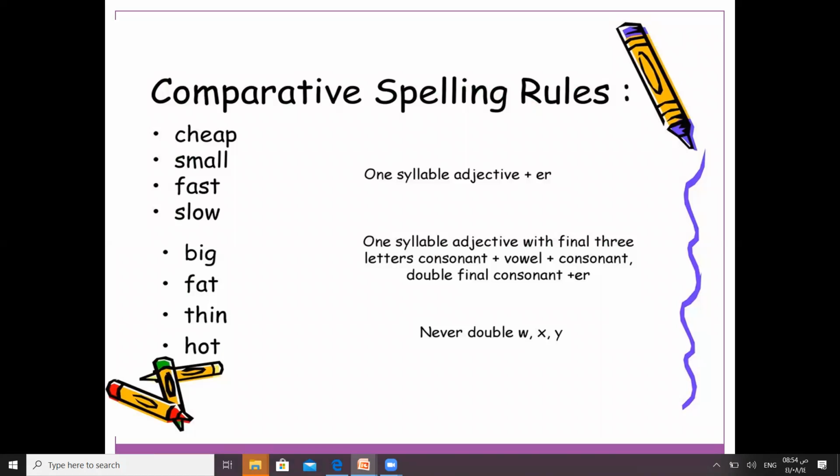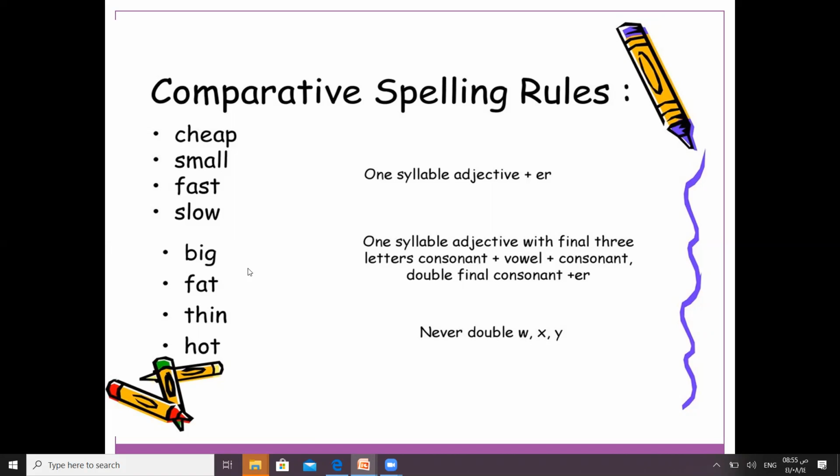Another rule you have to remember: when we add ER or EST, sometimes we will double the last letter. When do we double the last letter? When we have a one-syllable adjective with the final three letters being consonant, vowel, consonant.